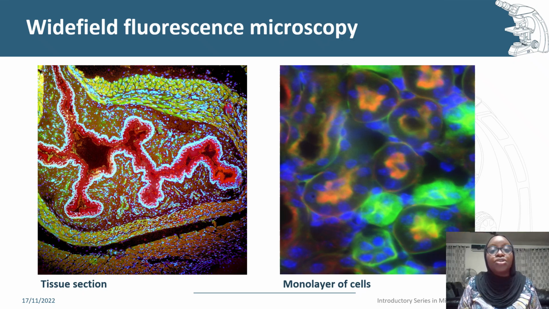The tissue section is imaged with a much lower numerical aperture and magnification. Therefore, the depth of field is much larger than in the case of the monolayer of cells. But in both cases, we are seeing structures and fluorescence from more than one focal plane. In a microscope, light from different focal planes will be focused differently.